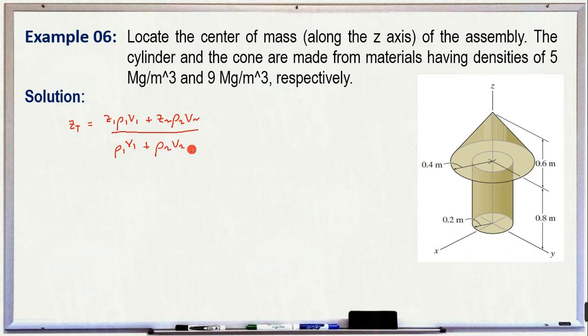The acceleration due to gravity G was already cancelled because in the numerator we also have G common to both terms as well as in the denominator. So it disappears.